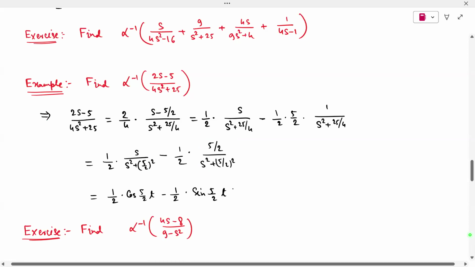Similarly, 1 by 2, taking 5 by 2, writing 5 by 2 here, a square plus 5 by 2 whole square. Now we can use directly the Laplace inverse. So I like to put everywhere this Laplace inverse term here. So everywhere there will be Laplace inverse.